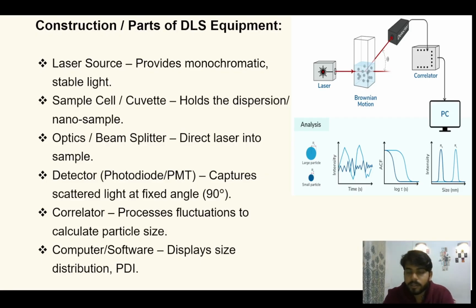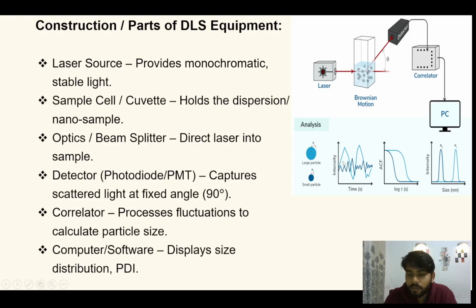And we can see in this diagram we have this laser source. This laser is directed into the cuvette which contains our nanosamples, and we have our photodiode or PMT at a certain angle, and this correlator is used which captures the fluctuations at different times to get the particle size.